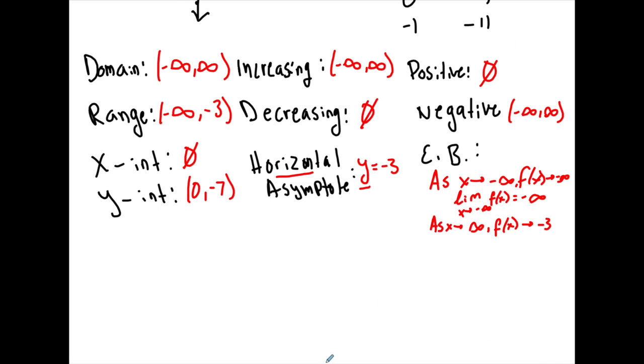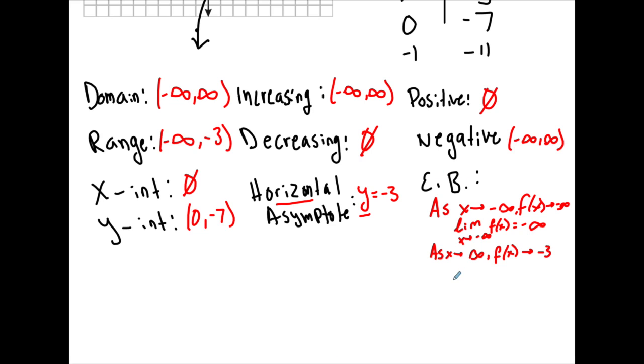So, in other words, the limit as x approaches positive infinity of f of x is negative 3. Remember, you can do either or. So either, if you want it short and sweet, do the limit, fine. If you want to use words, do the as, and just don't mix limits and the as. Either do the words or the limits, your choice. Either one, completely mathematically correct, completely acceptable.